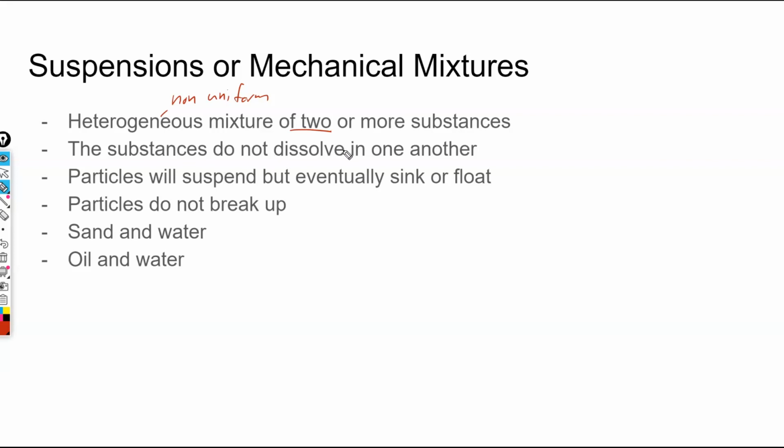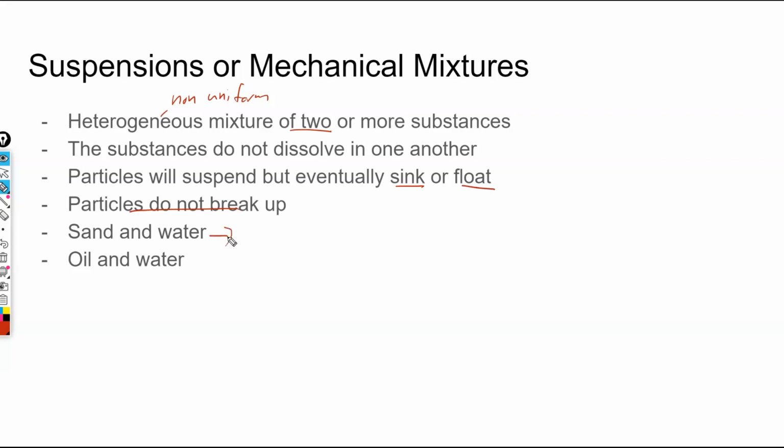These substances don't dissolve in one another. The particles will suspend, but they will eventually sink or float. When I say suspend, that means they'll be in the middle of that solution, but eventually they'll either sink to the bottom or float to the top. These are mixtures where particles do not break up.